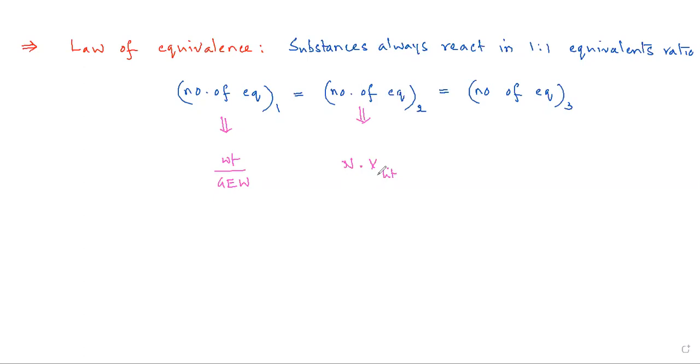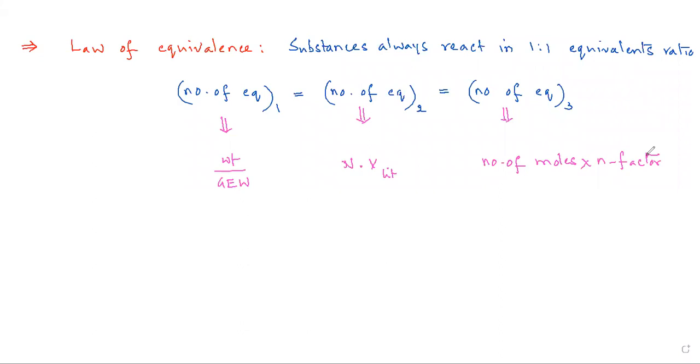Now these two are from the basic formula of normality. Now this one is from our previous discussion. It can be given as number of moles multiplied by n factor.